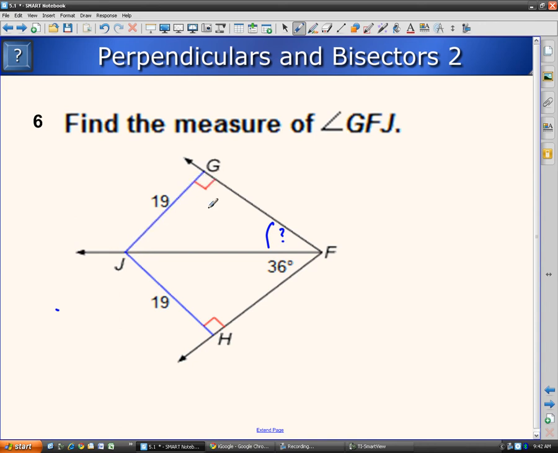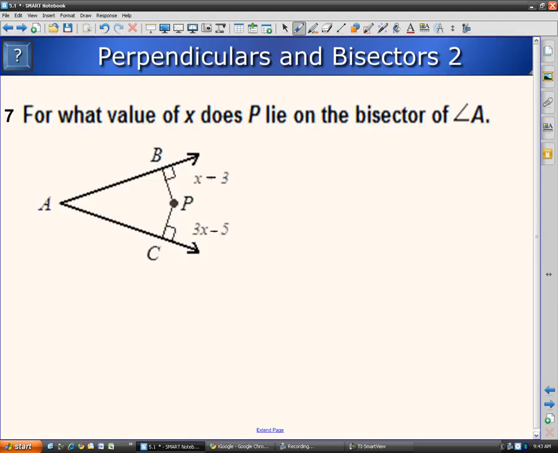Knowing that, I can use my converse of the angle bisector theorem, and I know that this angle is the same as the angle down here because FJ is the angle bisector, so angle GFJ is equal to 36 degrees also. That's really all you had to do. You just had to recognize the theorem, and that's a lot of the problems, trying to recognize what the theorems are.